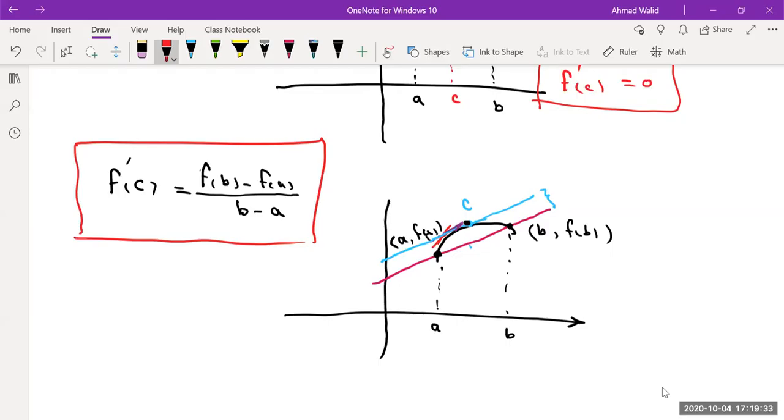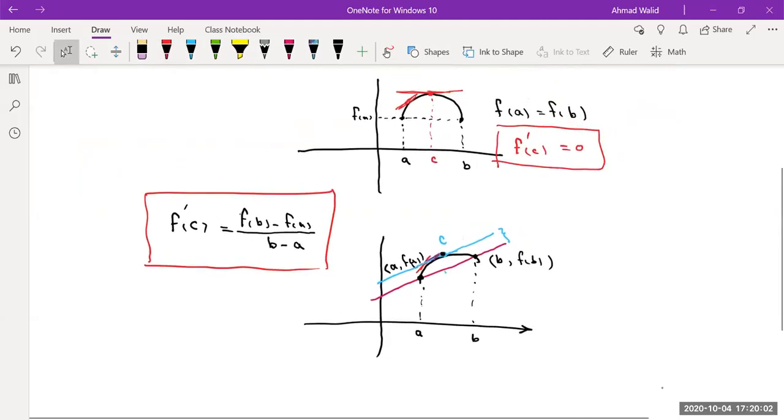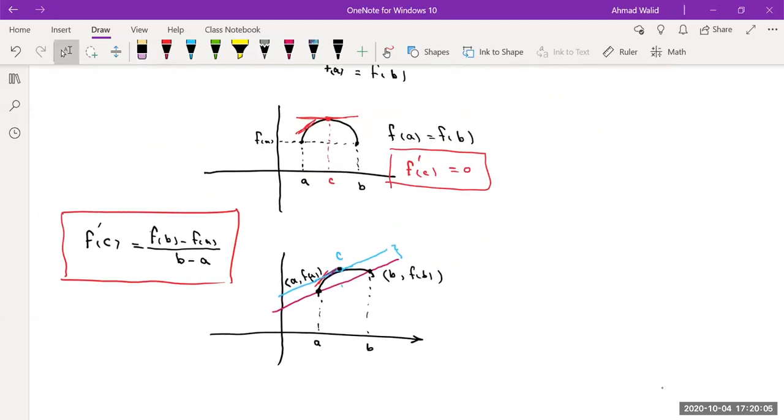Basically, we do some proofs on these theorems. For example, they will give you a problem: at what point is the tangent line parallel to the secant line? They give you the value of A, they give you the value of B, and you're looking for the value of C. Those kinds of problems we will not do in this class. I will only introduce this. My goal was to introduce these two theorems, and you see they're really close to each other.